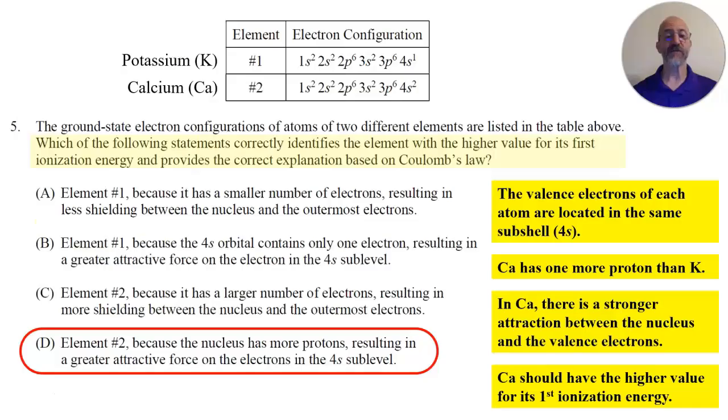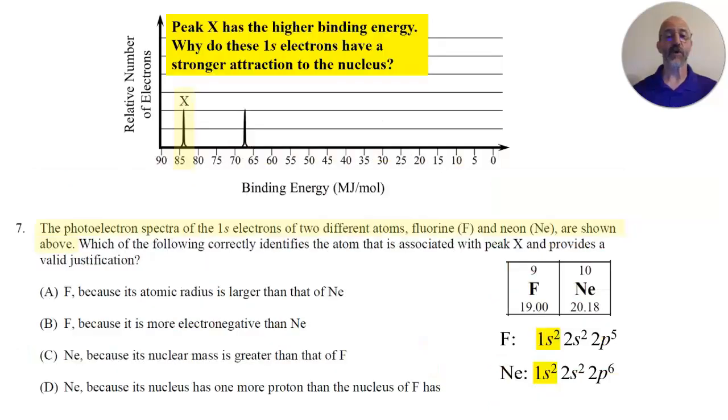So back in question 5, we decided that since calcium has one more proton than potassium, there was a stronger attraction between the nucleus and the valence electrons. That's going to be the same argument that we use to answer question 7. So we're talking about fluorine and neon. Neon has one more proton in its nucleus compared to fluorine, so there should be a stronger attraction between the 1s electrons and the nucleus of neon.